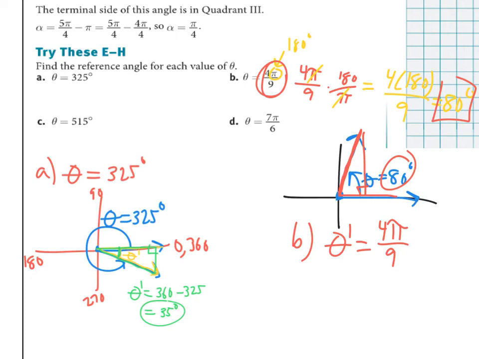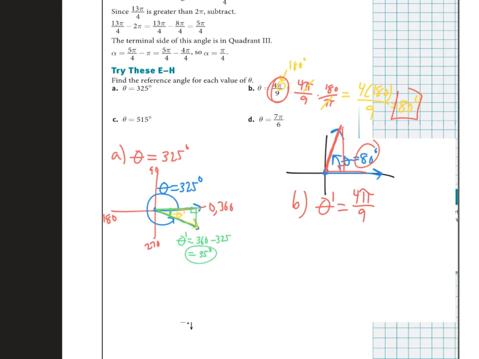Okay, let's just do one more. Let's do part C. C is a big angle, 515 degrees. Okay, one piece of advice. If the angle is bigger than 360, let's just subtract off one full circle.